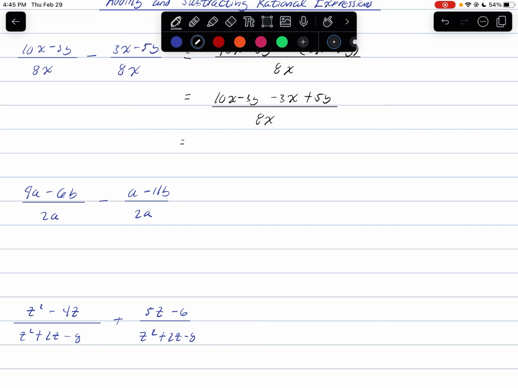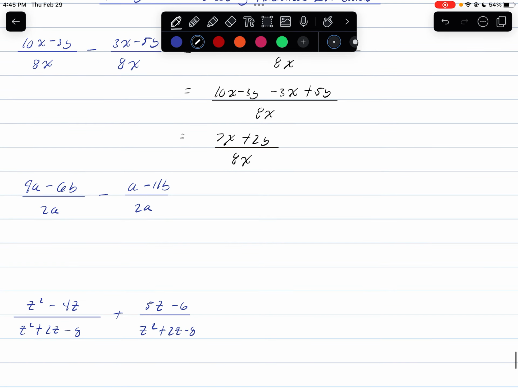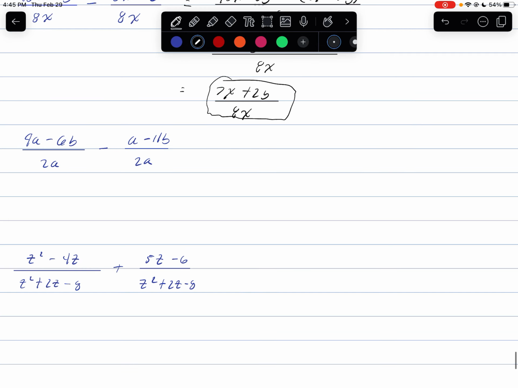We have 10x minus 3x, that's going to give us 7x, and we have negative 3y and 5y, that's going to give us plus 2y, all over 8x. That's probably about as simple as we're going to make that one. You can't factor anything else out of the numerator, and you can't cancel anything in the denominator. So that is as simple as this gets.